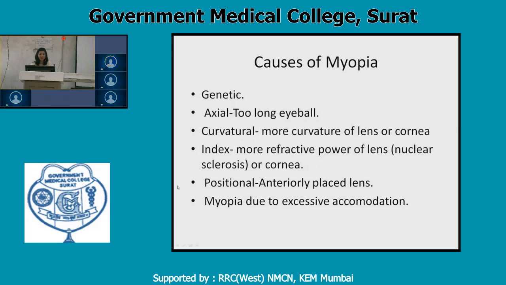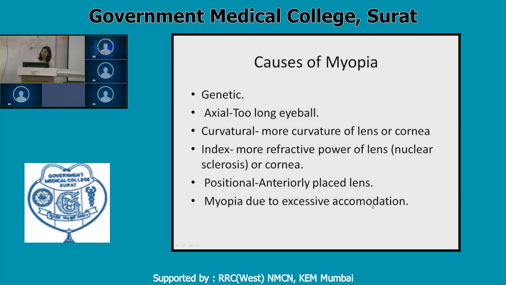Next is refractional myopia, which is either curvatural, because of increased curvature of the lens or cornea that increases the refractive power and focuses the image in front of the retina, as we have seen in the last picture, or index, which is more refractive power of the lens.